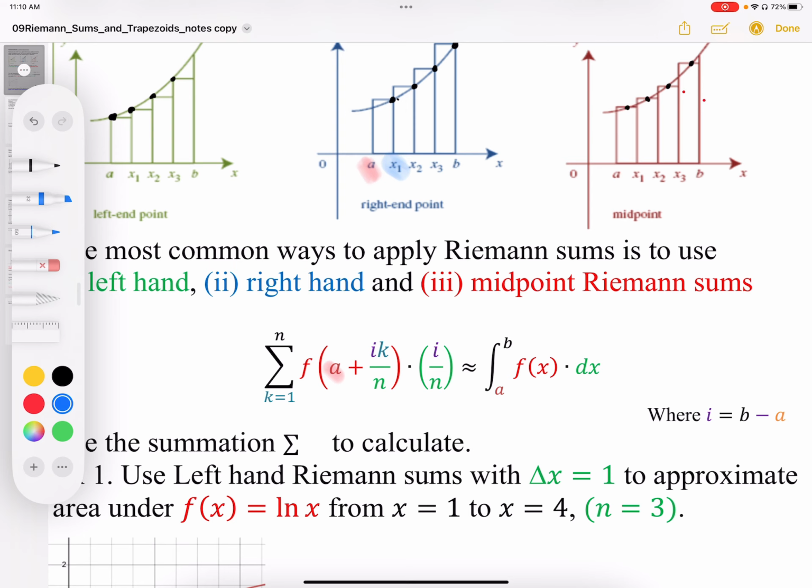We're just going to add one interval width and get the height at that point. So this expression essentially is going to calculate this right-hand Riemann sum. And when k is 2, we're just going to use the height at this position where we're 2 intervals over from the starting point of a. And so that sigma notation is just a way to generate each term or each rectangle of that Riemann sum.